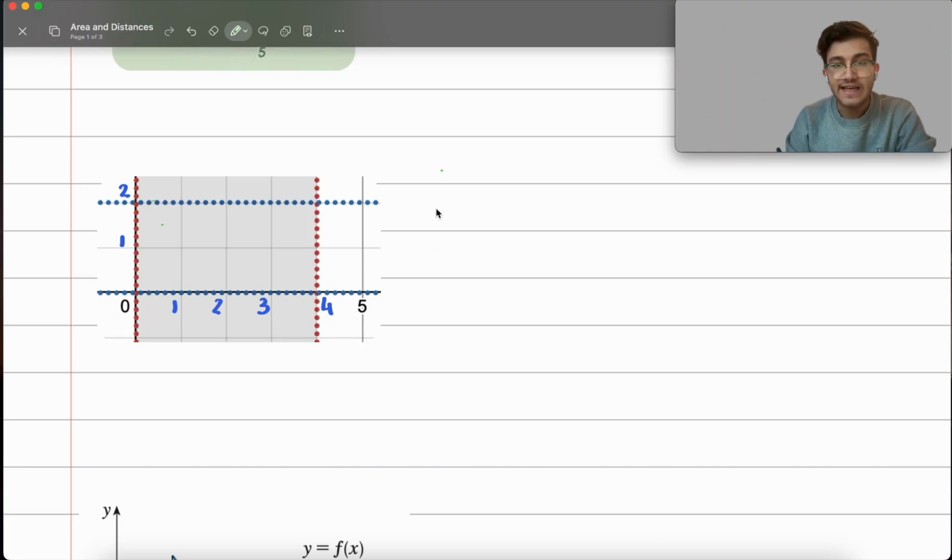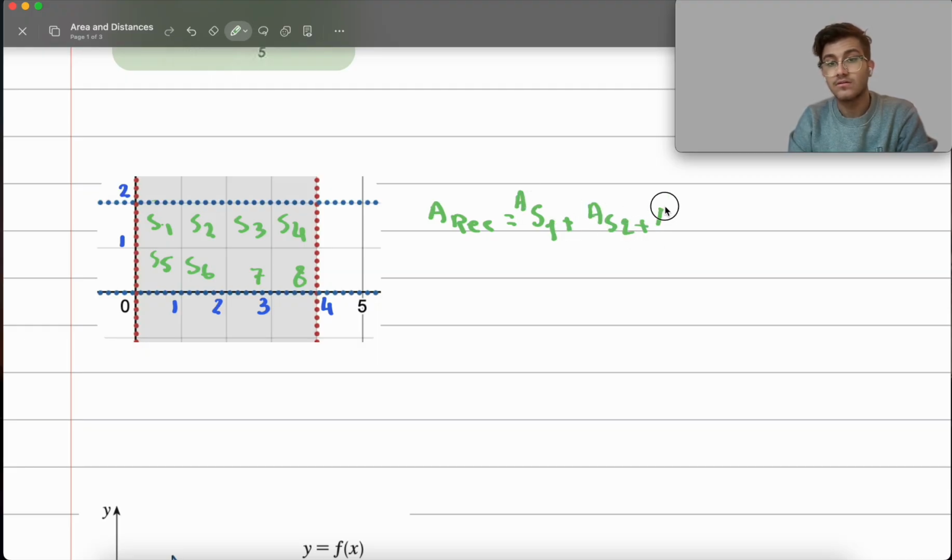So I can say the area of the rectangle is the sum of the areas of S1, S2, S3, S4, S5, S6, S7, S8.